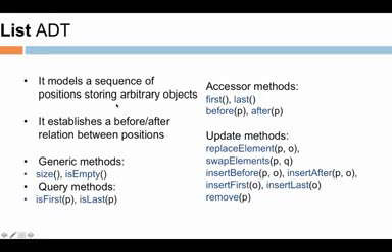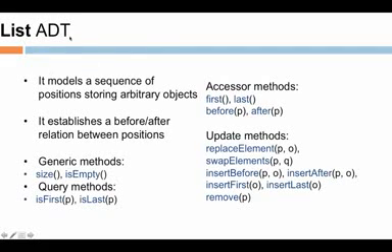Remember that it is a sequence of positions and not a sequence of values. It's a sequence of indexes, a sequence of positions. For every position in the list, there is a well-defined before and after, except for the last position and the first position.